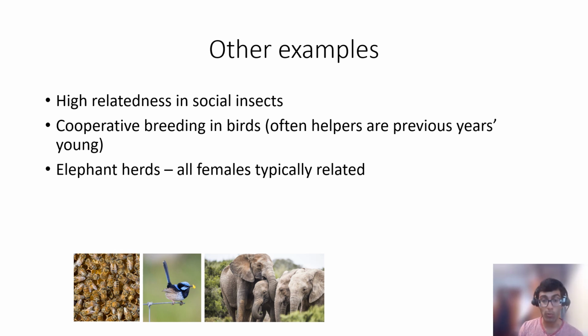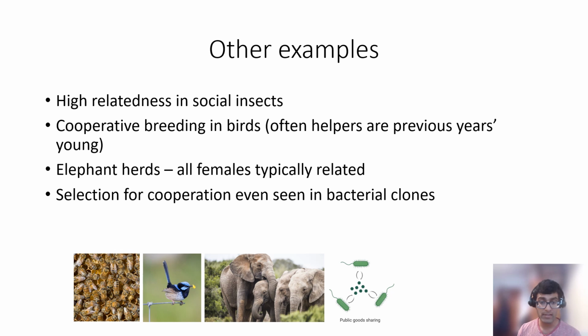In elephant herds, all females are typically related. Elephant herds are entirely female, apart from offspring, which, if they're male, will stay with the herd until they are ready to leave and go off on their own. And there's even selection for cooperation in bacterial clones, and of course clones have a relatedness of 1; they're identical.